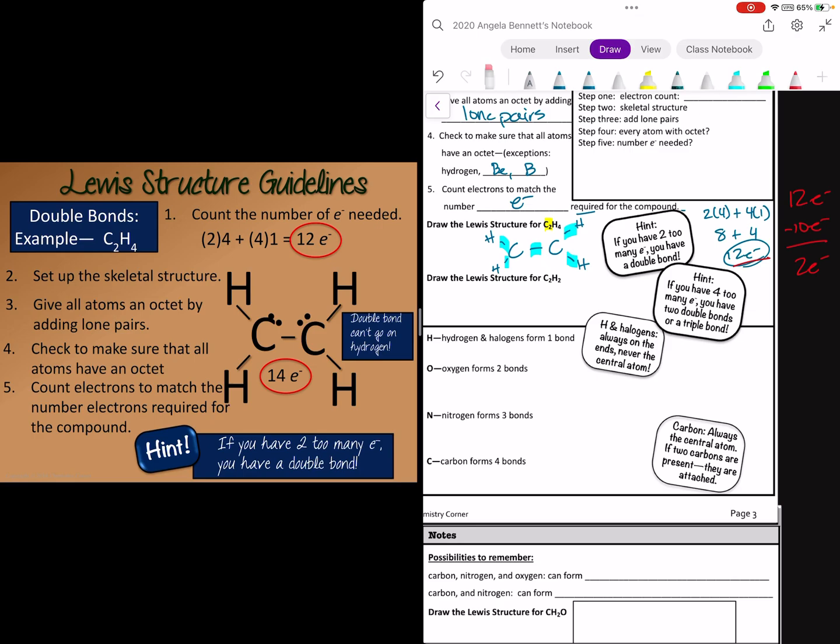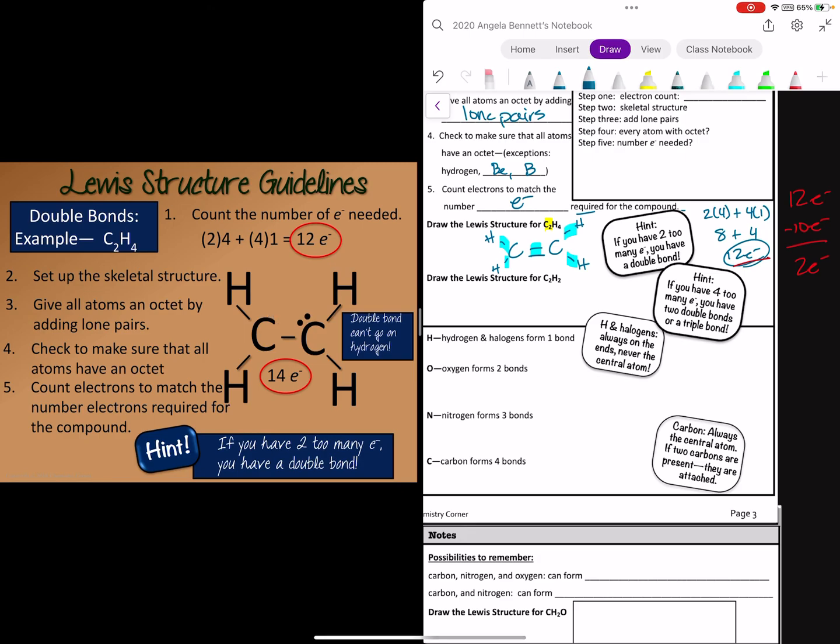So we have to take those away. I only have 2 electrons left, which is 1 bond, and I need both of these carbons to share it, right? They both have to share it and take turns. So they're going to have a double bond put in there. All right, so that would be an example of when you have to do a double bond.